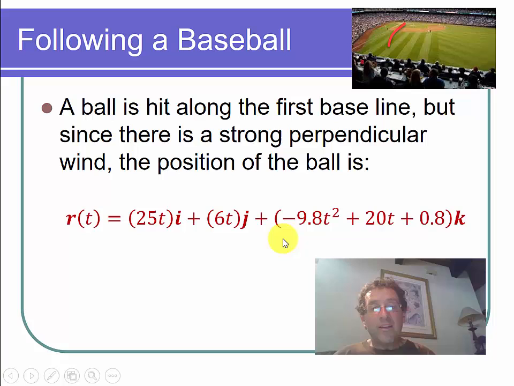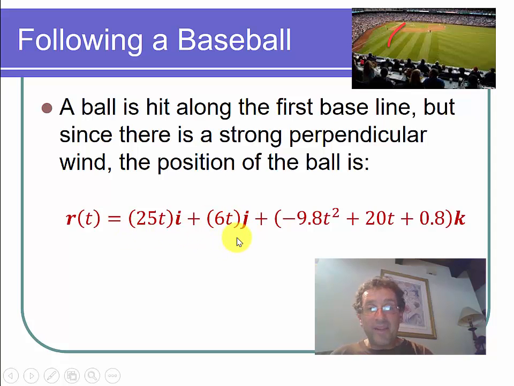k. So just to give you some reasoning on why this might be an equation of a ball that's hit. So this 9.8, hopefully you've seen that before. That is the acceleration of gravity. By the way, this is in meters and seconds. t is seconds. And the components are in meters, because that's how we do science. This 0.8 means the ball is about 0.8 meters from the ground when the player hits it.